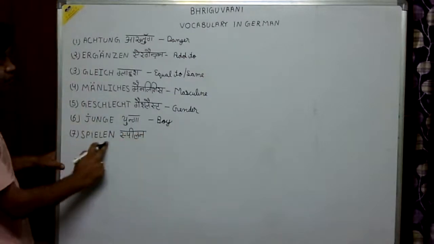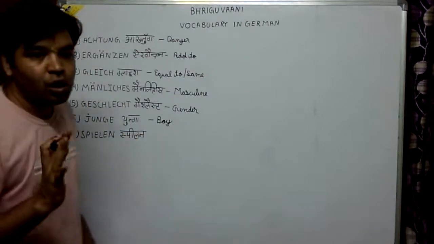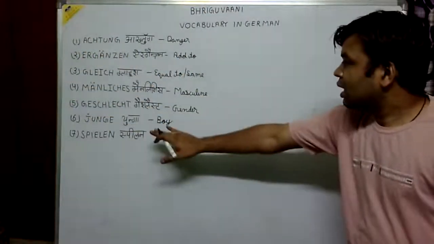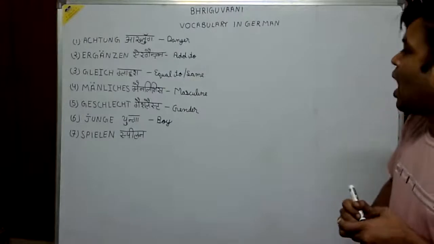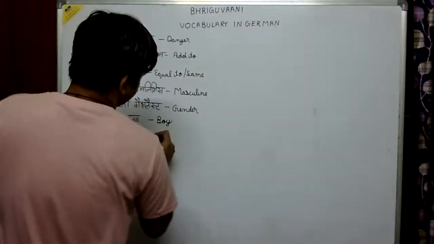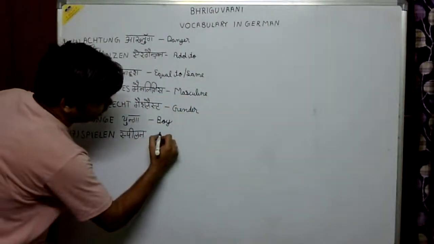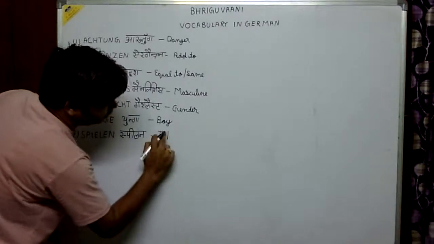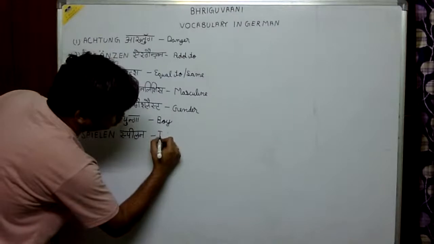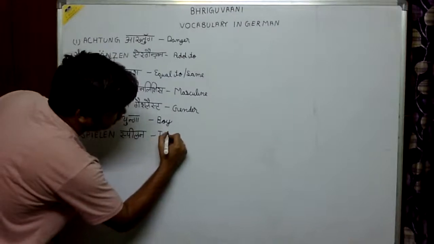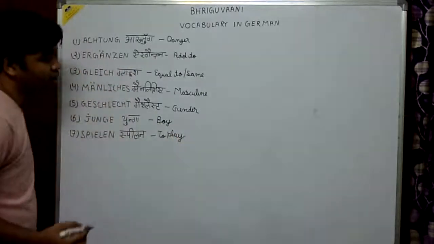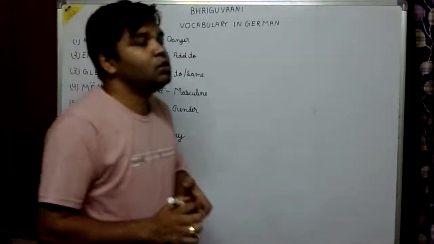Spielen. See the spelling? Please focus on the spellings of the words I am writing here. And what does this spielen mean? This spielen is a verb and it means to play.